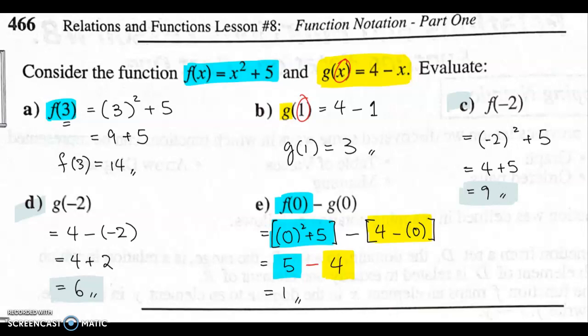That tells me when the input equals 0 in f of x, the output is 5. When the input is equal to 0 in g of x, the output is 4. Different outputs again because they have different names. They're completely different functions, just two functions with one subtracting another. That gives us the output 1.